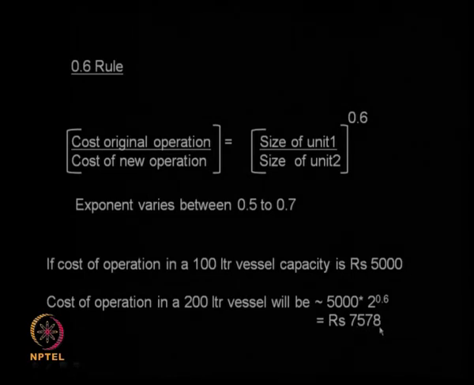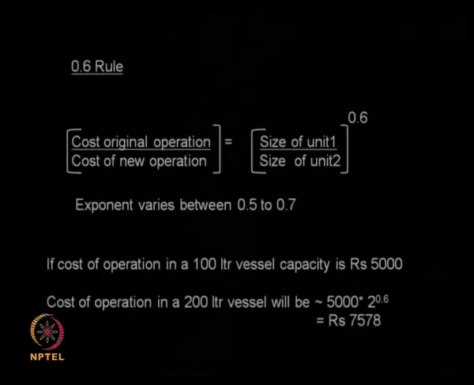So what it tells you is, if I have to operate a vessel of 100 liter capacity and it costs me 5,000 rupees, and if I want to operate a similar vessel, just the size is 200 liter, the cost will not be 10,000 rupees, but it will be 2 raised to the power 0.6 times more. So it is 7,578 rupees.